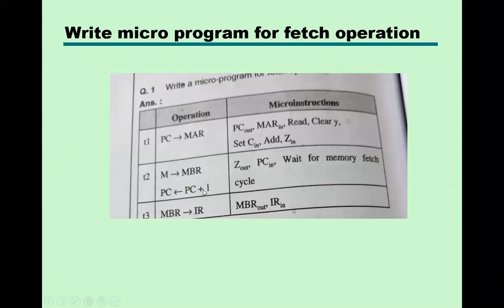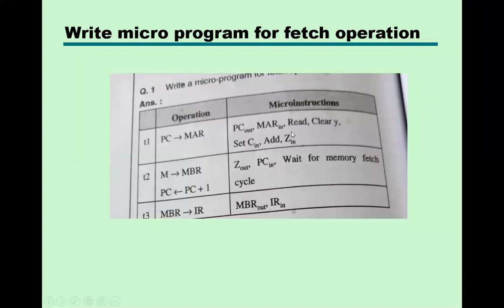We have seen this part, how the instruction is fetched. First, the program counter has the address of the instruction that is to be executed. So that address is loaded into the memory address register, right? Then from the memory address register, the address bus is activated and the respective address is loaded on the address bus.